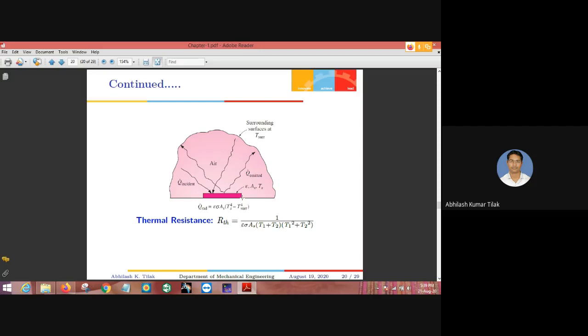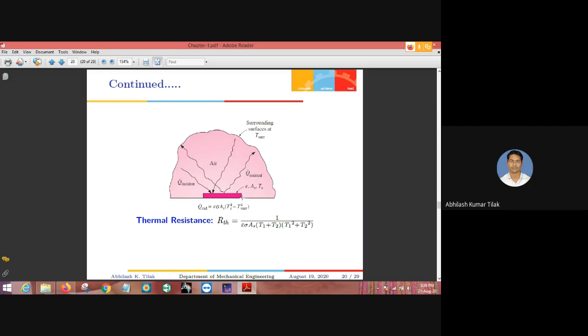Okay, so some amount of this radiation can be incident to the surface, and there would be some amount of the radiation being emitted from the surface. So any body which is at a given temperature emits radiation.